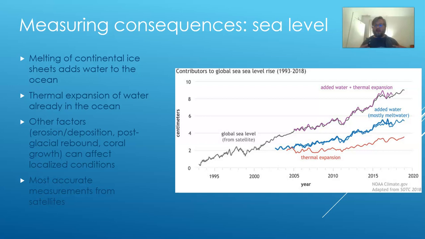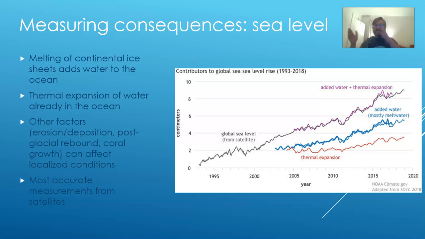When we are looking at increased sea level, a big contribution to that is more water being added to the ocean by the melting of ice. So we have ice in solid form, it melts, becomes water, goes into the ocean. More water in the ocean means higher sea level, right? That only really applies to continental ice sheets and glaciers. So ice that is sitting on the land.